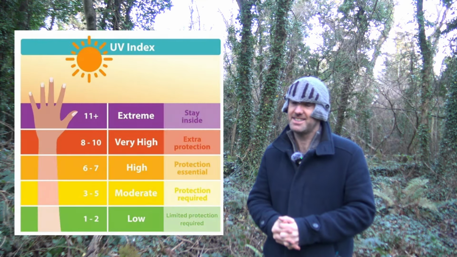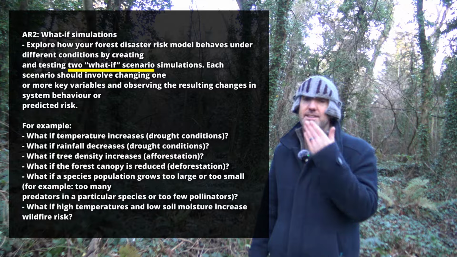It's easy. Speaking of models, AR2, you have to come up with 2 things for your advanced requirements, 2 what ifs. So let's use our example of ignition. We said ignition is temperature times light, right? I will say, well, let's test this model.